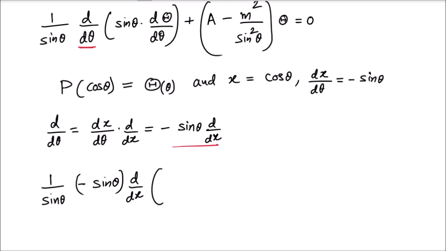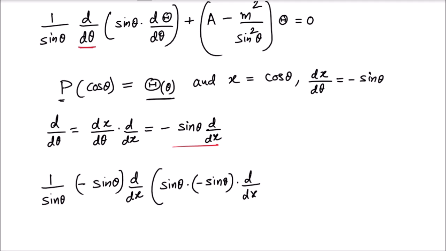Now, within the bracket, it is sin theta into d by d theta of a function of theta. Now, the function of theta is replaced by P, and d by d theta is minus sin theta into d by dx.